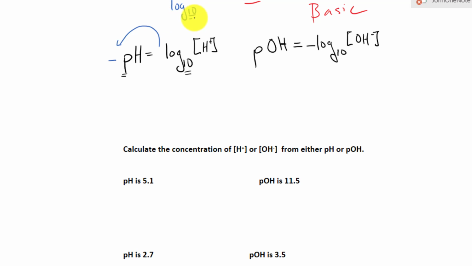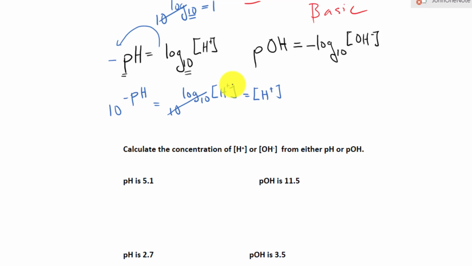If we take 10 to the log with a base of 10, that would equal 1. So now, if we take 10 to the negative pH equal to 10 to the log of H, this will simplify to 1 and give us our concentration of H+.